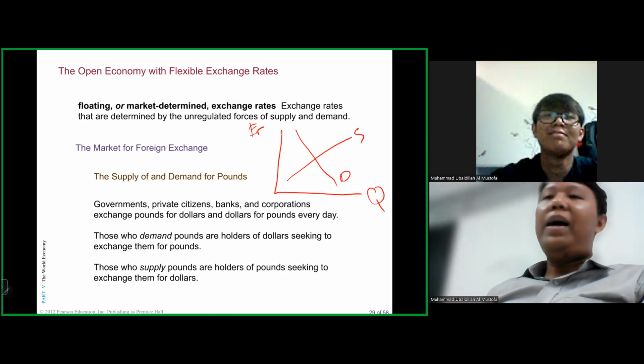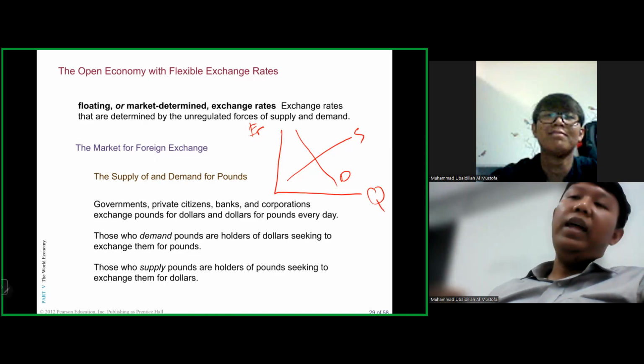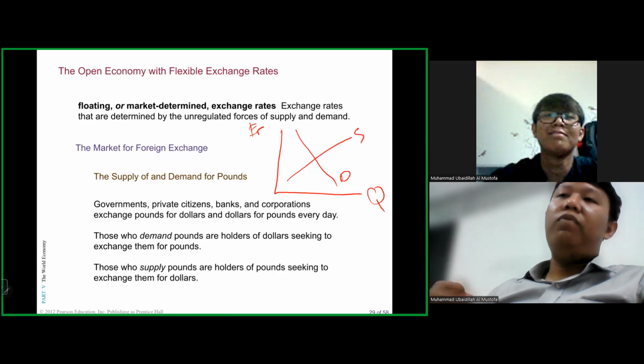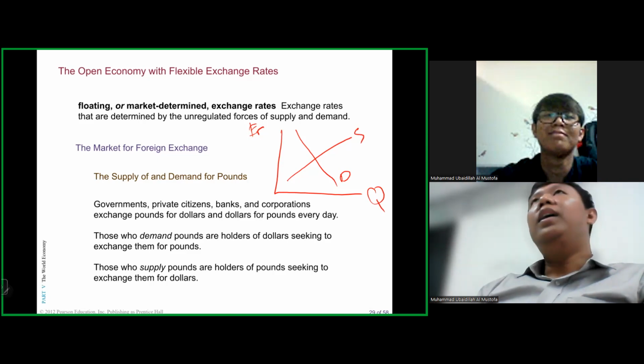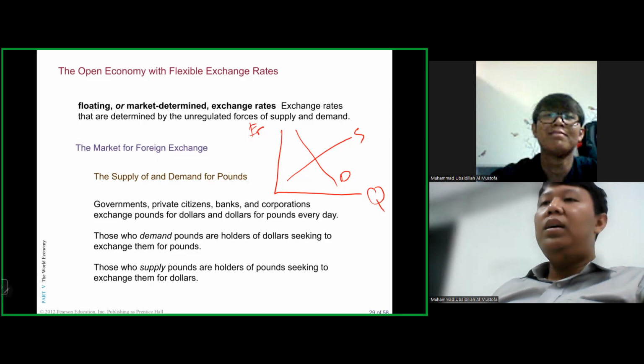And there's a market, we call this the foreign exchange market. This market is the market where they trade foreign currencies. Nowadays it is not difficult to find those markets. You can go to a bank, you can go to exchange centers to trade your currency, to exchange your currency.